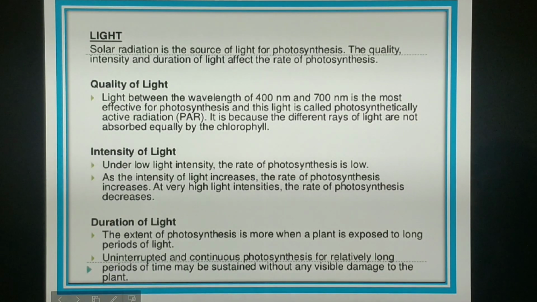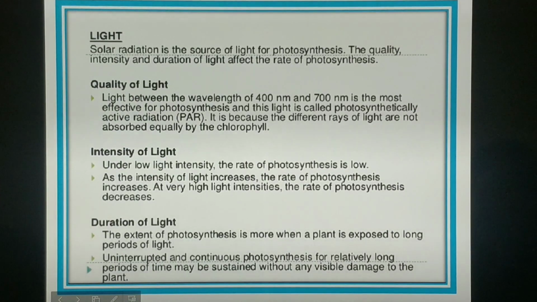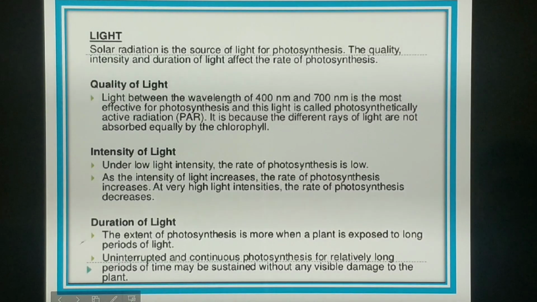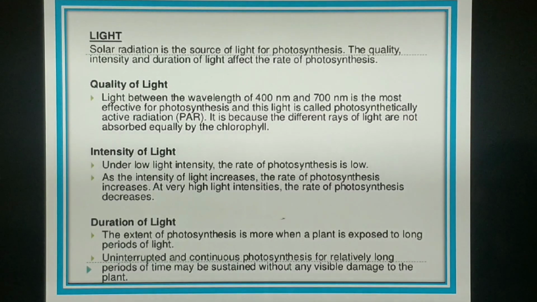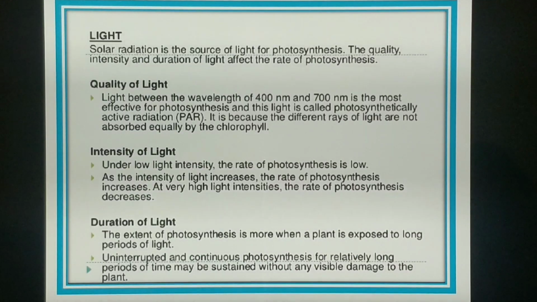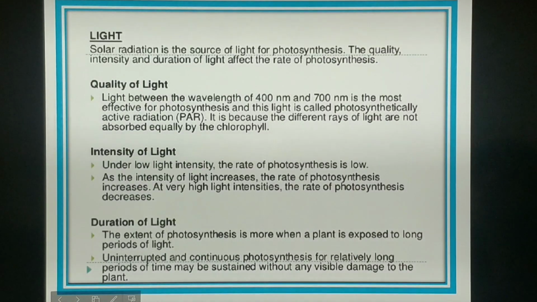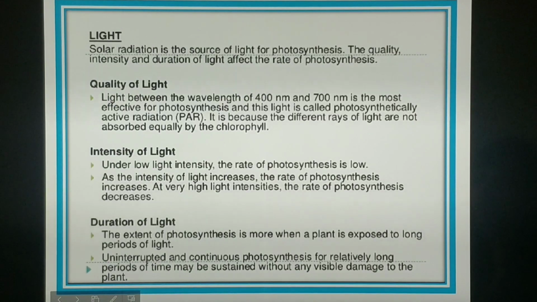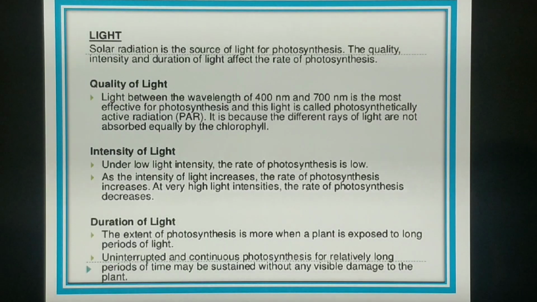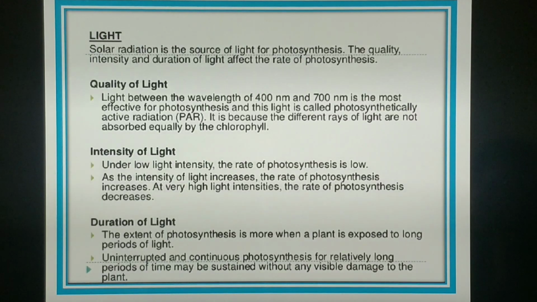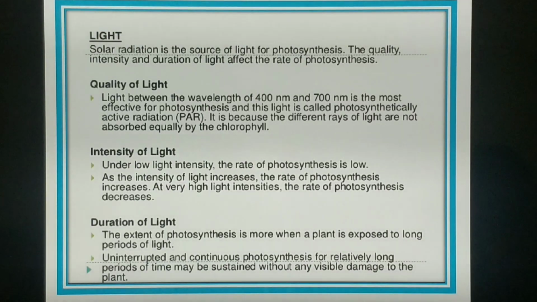The extent of photosynthesis is more when a plant is exposed to long periods of light. Uninterrupted and continuous photosynthesis for relatively long periods of time may be sustained without any visible damage to the plant.